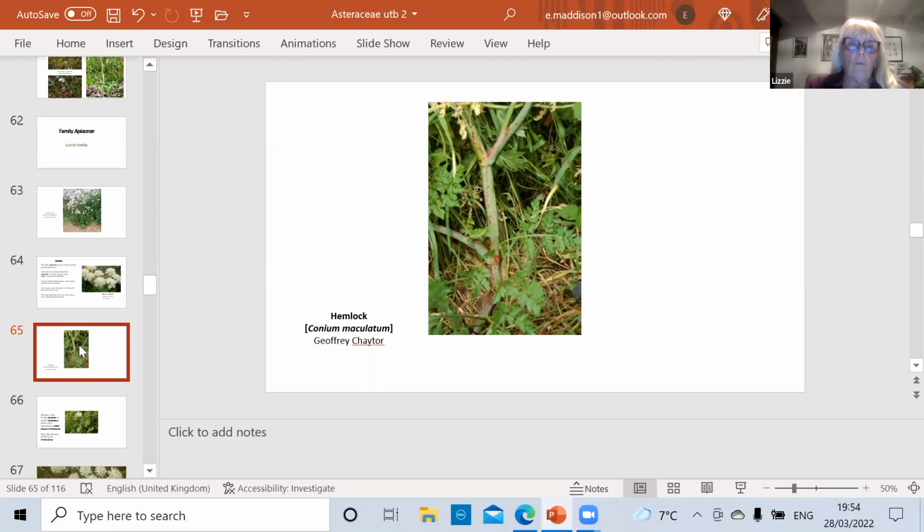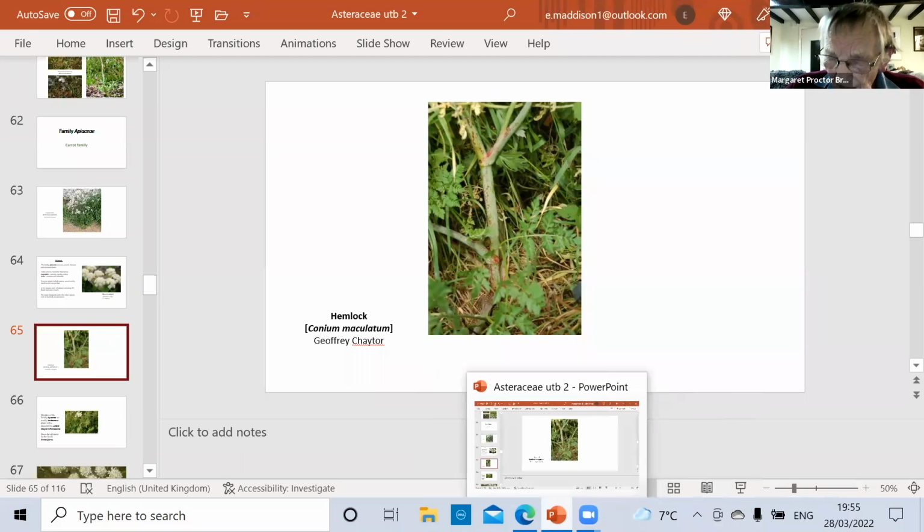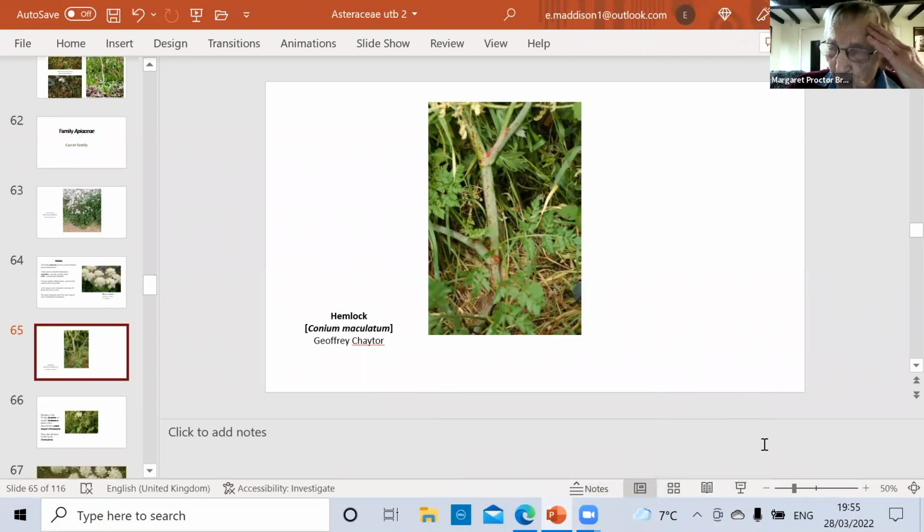But hedge parsley has got a rough stem that's ridged and just has purple stripes on it. Right. Okay. Yeah, thank you.